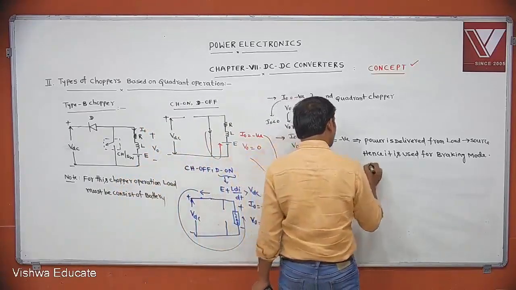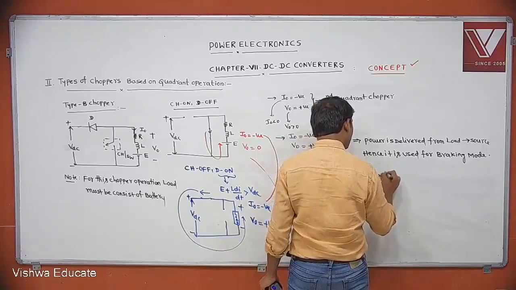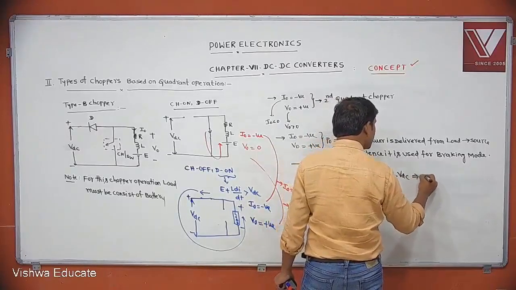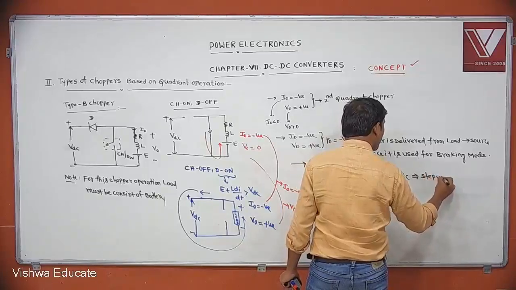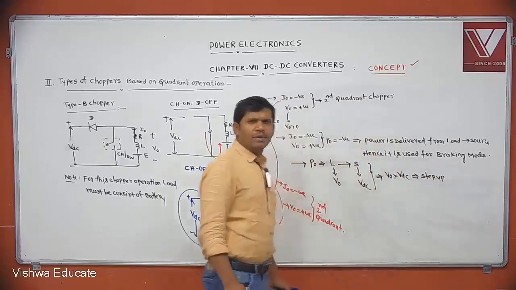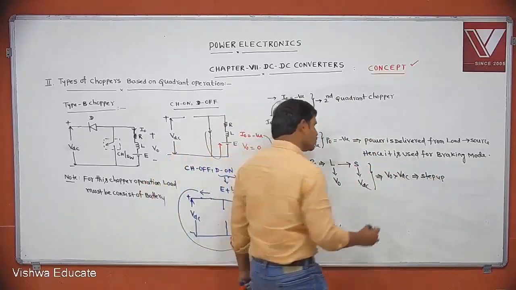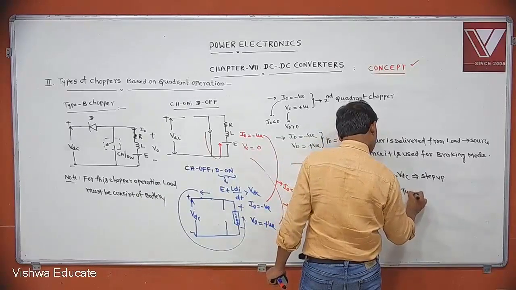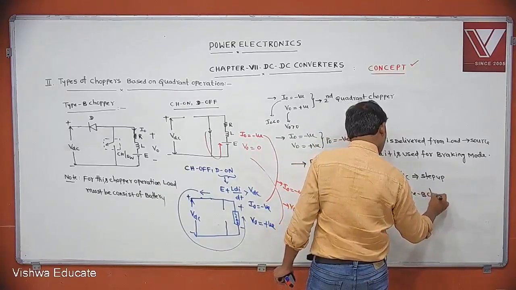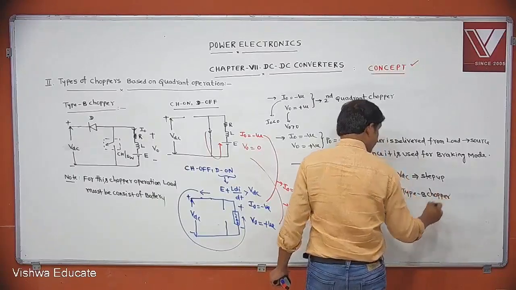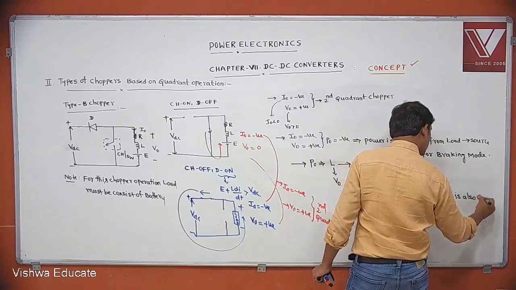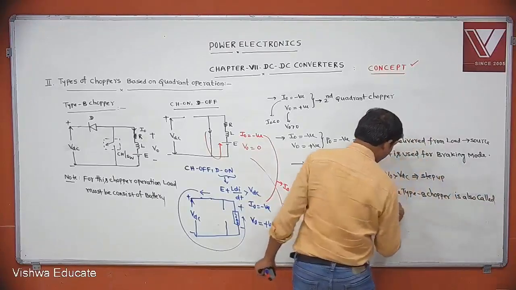That means V naught is greater than Vdc. V naught greater than Vdc means which operation? Step up operation. Hence, type B chopper is also called step up chopper.